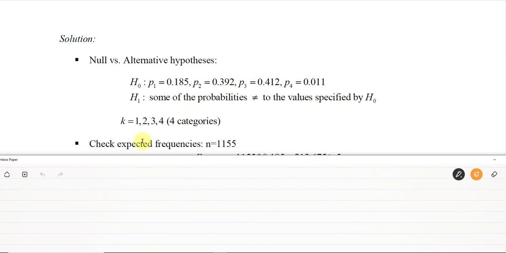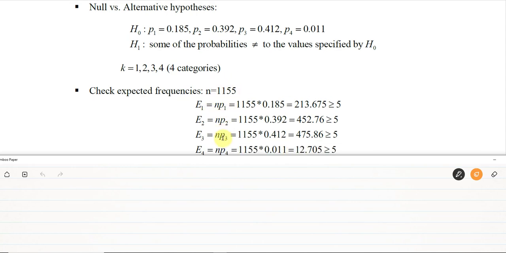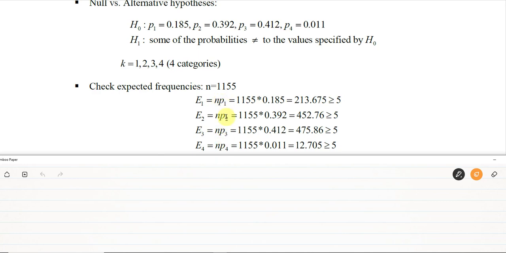So now let's check the expected frequency. Make sure, this is a very important requirement. Now we have n to be 1,155. Those are the number of people that we surveyed. The expected frequency is equal to n times p, where n is the total number of the frequency, and P1, P2, P3, P4 are the probabilities from the null hypothesis, if the null hypothesis were true.